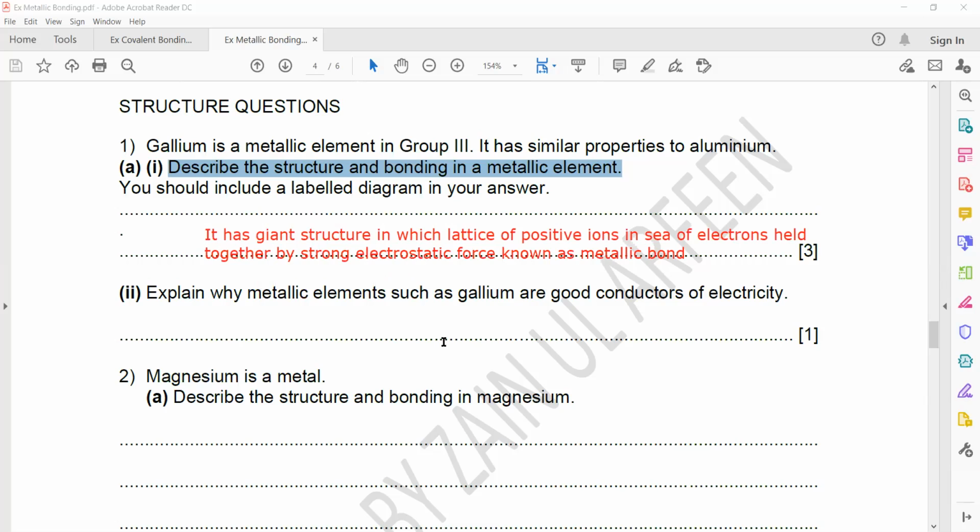So it has a giant structure in which the lattice of the positive ion is there in a sea of electrons which is held together by strong force. And what figure will you draw, because you should include a labelled diagram, so you will draw a structure of the metal in which you have positive ions.